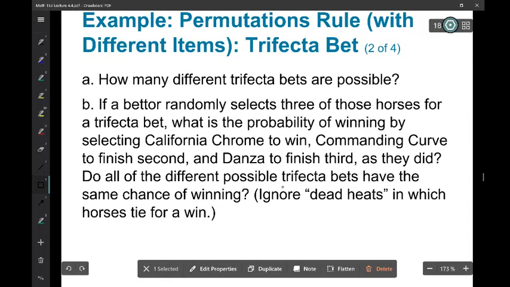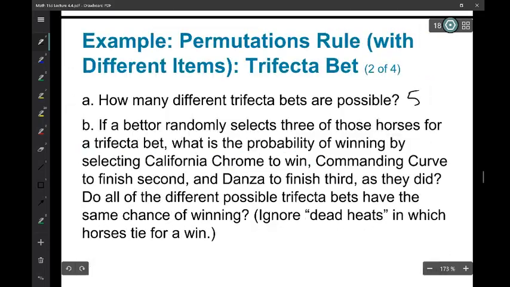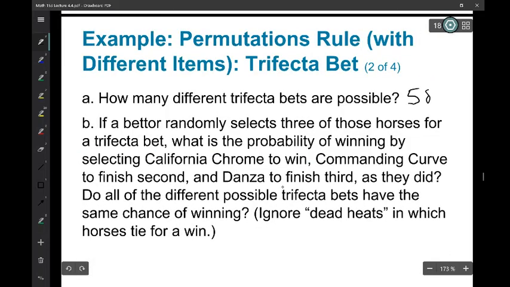So we've answered this. 5,814. If a bettor randomly selects 3 of these horses for a trifecta bet, what is the probability of winning?